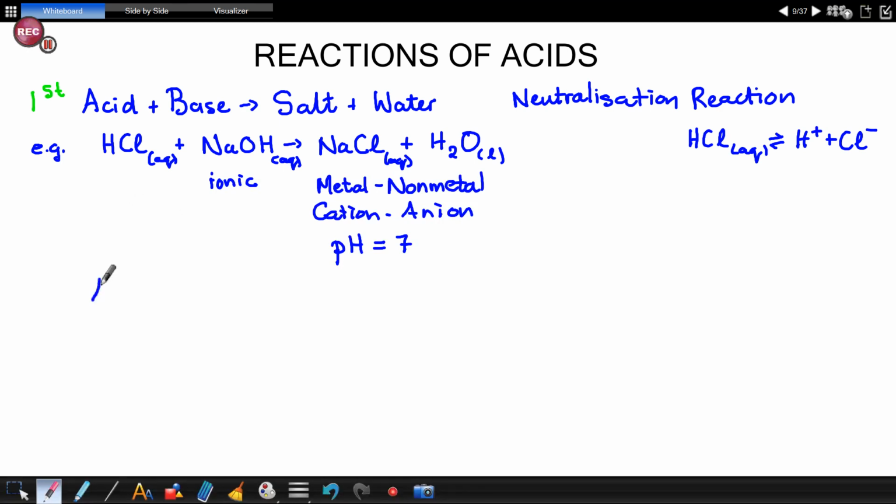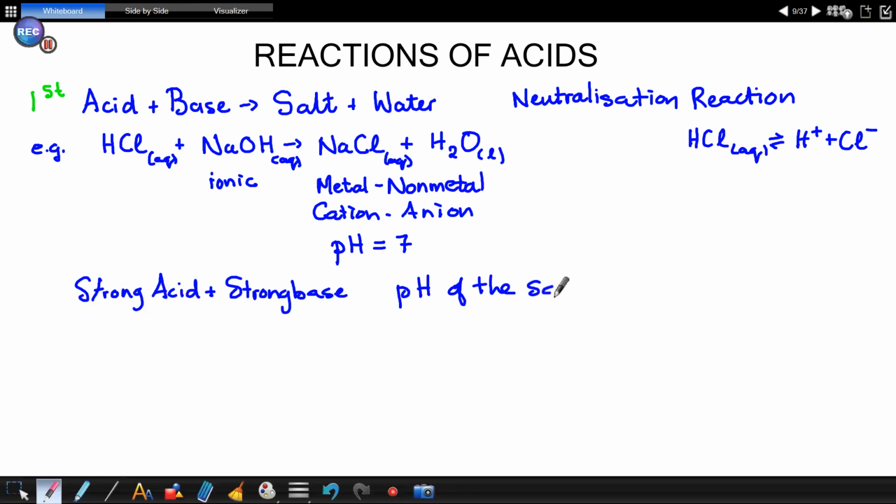If you have a strong acid, neutralized by a strong base, the pH of the salt solution is 7. Does it not depend on how many moles of the strong acid or strong base that you use?